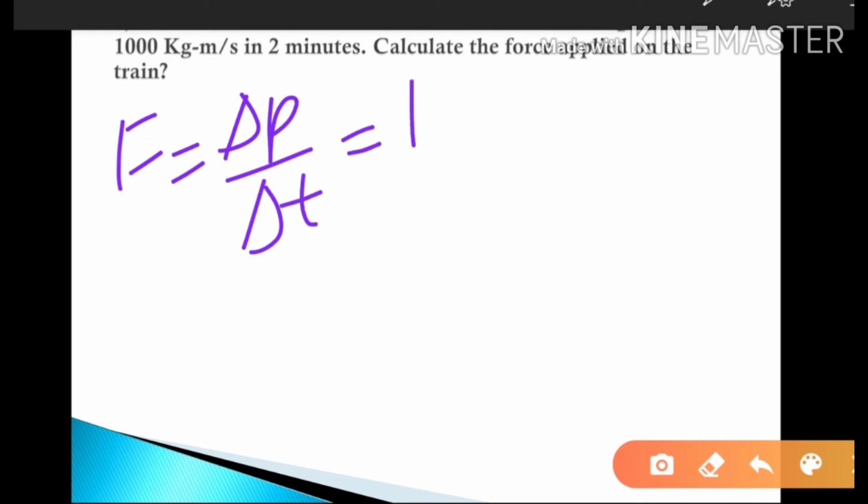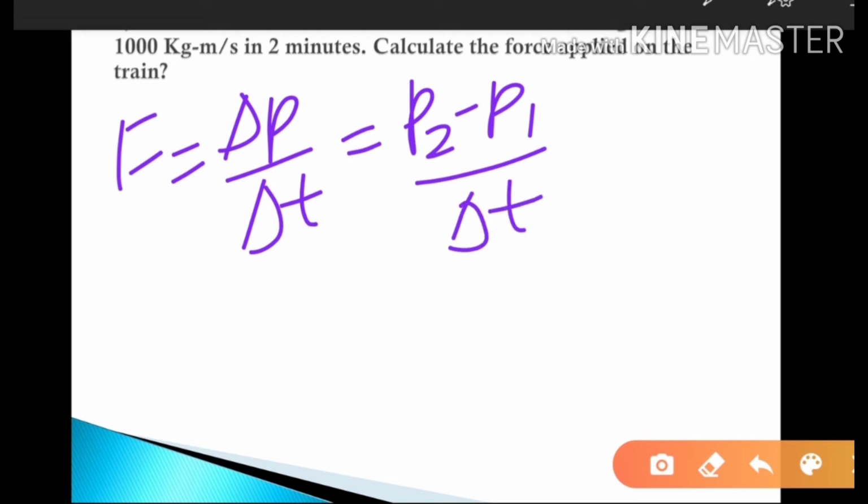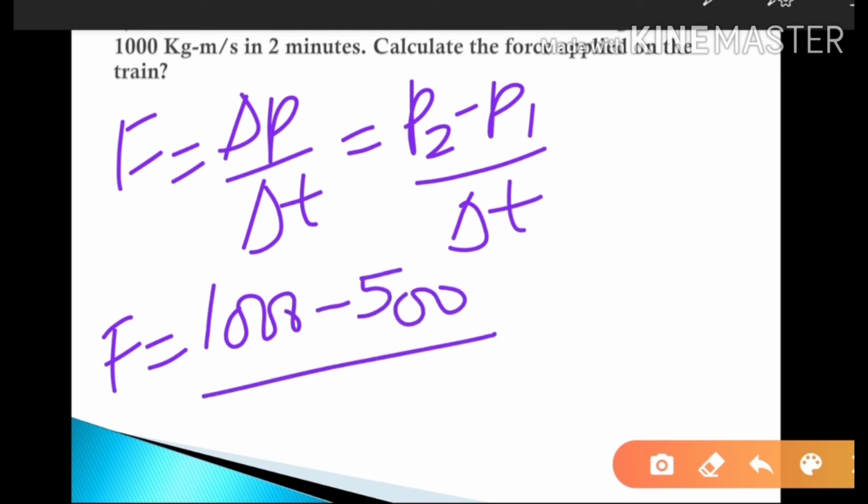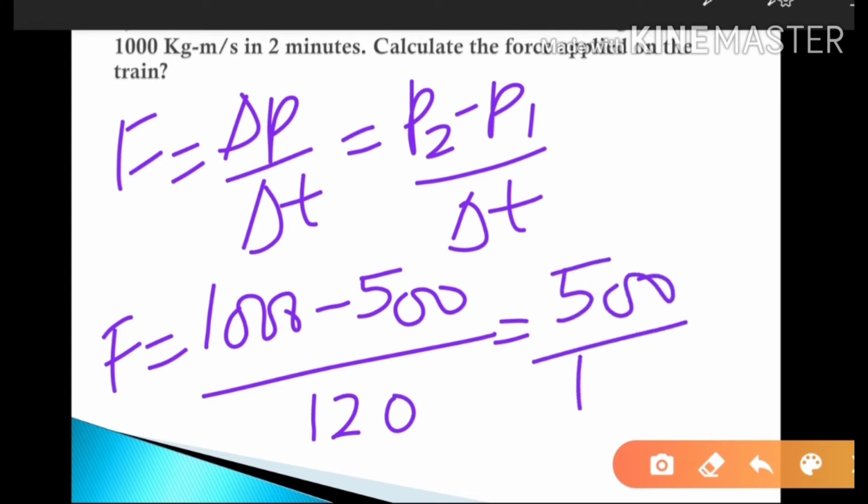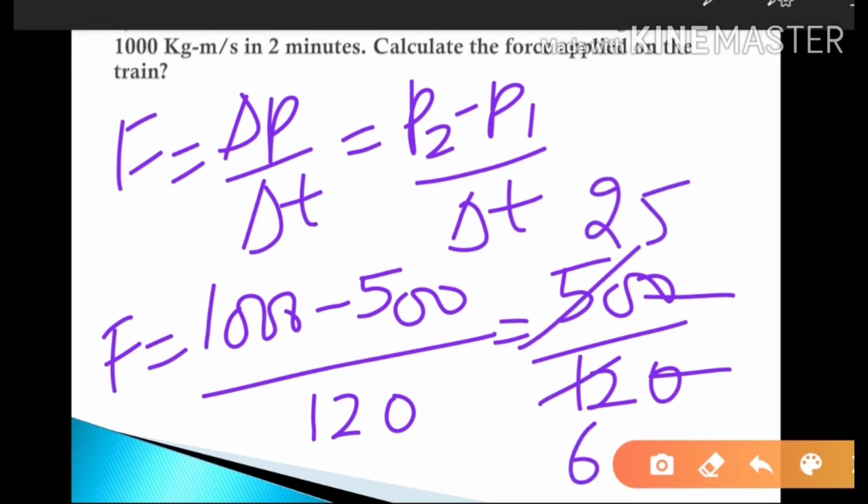It means P2 minus P1 upon delta T. If we calculate the force, the final momentum is 1000, initial momentum is 500, and time is 120 seconds. 500 upon 120, the zero cancels out, 2 sixes are 12, and here 25 will come.